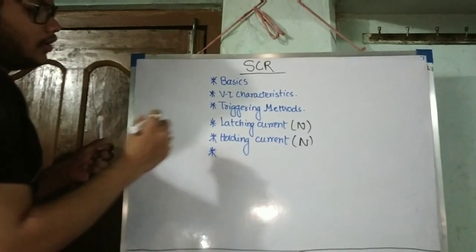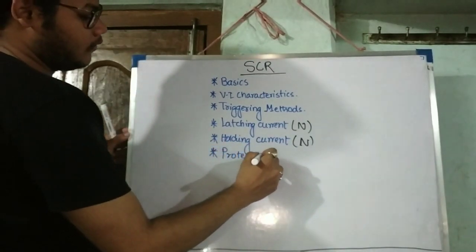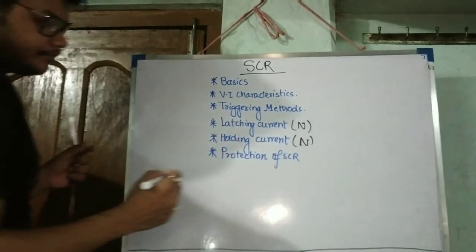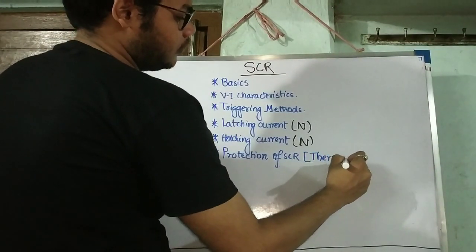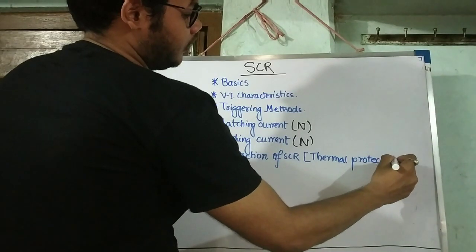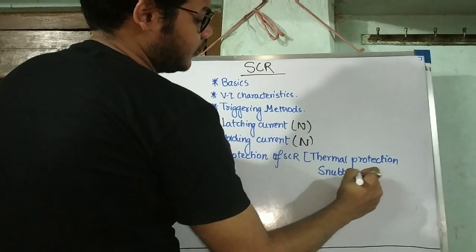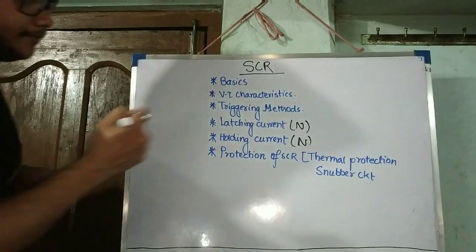Then comes your protection of SCR. Here we will see thermal protection and your snubber circuit. In both the topics you have numericals.